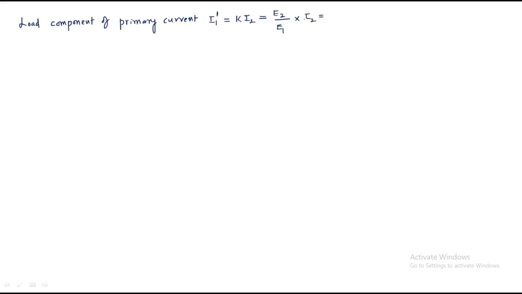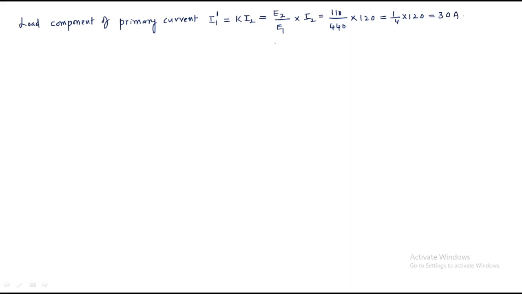What is the value of K? It is E2 by E1 into I2. E2 is given as 110, so 110 by 440 into the secondary current 120, which equals 1 by 4 into 120, which equals 30 amperes. So I1 dash is 30 amperes.